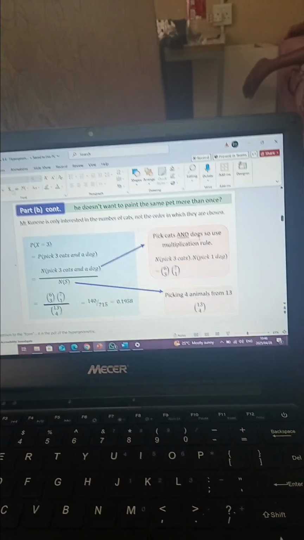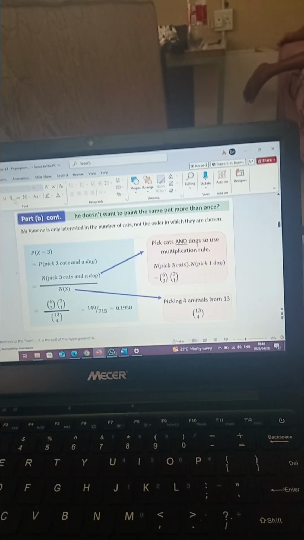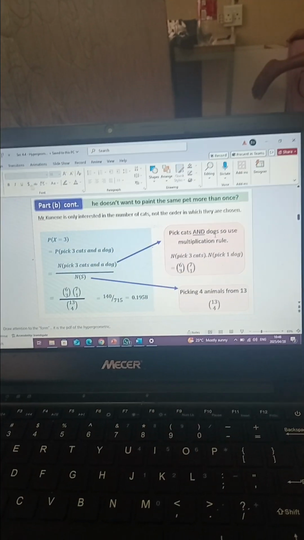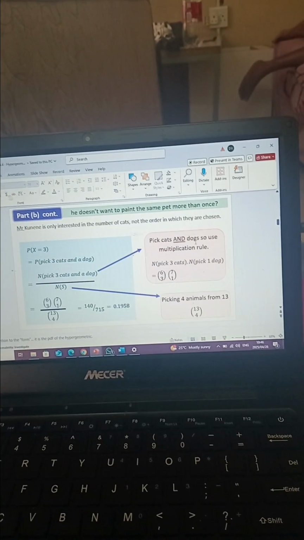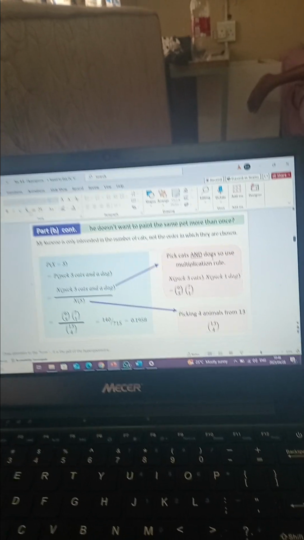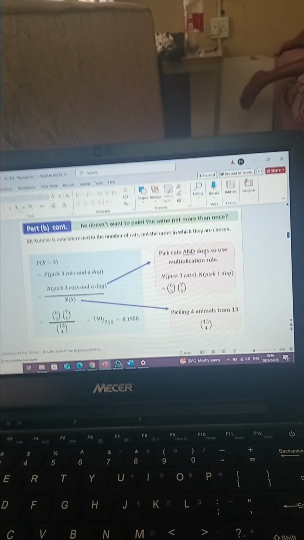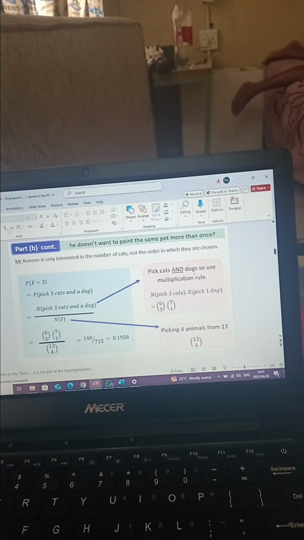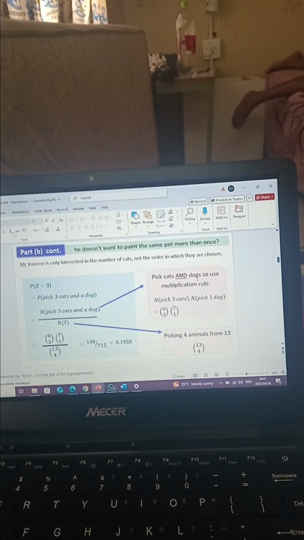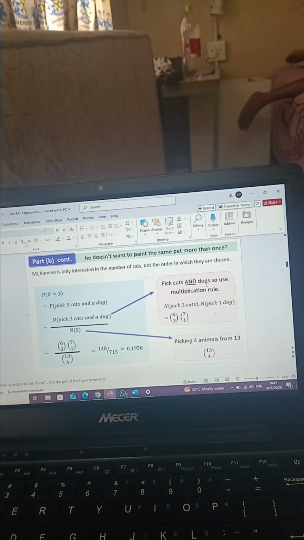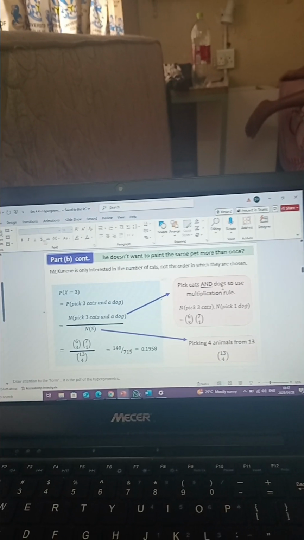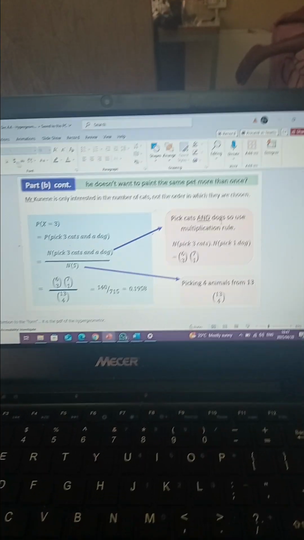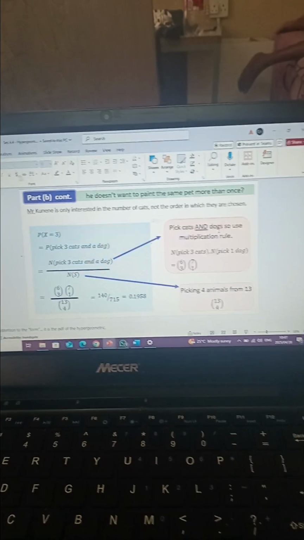If we pick 3 cats, remember how many colors do we have for painting these pets? We have 4 colors. So if we choose 3 cats, to paint all of these pets, we need 3 cats as well as 1 dog. We cannot take a fourth pet. We cannot say we take a cat since we've already taken cats. I think I make sense.